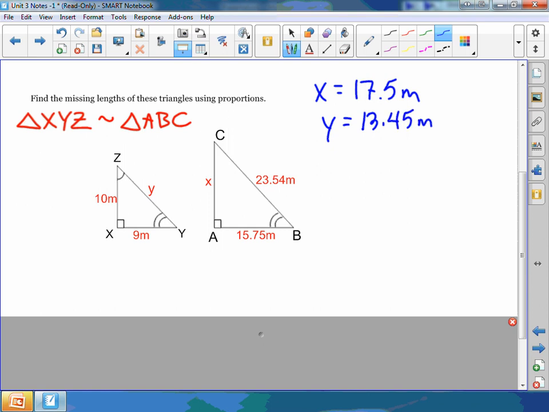So as you know, I'm going to want to know how we came up with this. So can somebody explain? We'll start with the x value. Can somebody explain how you came up with this missing value of x? Go ahead, Emily.